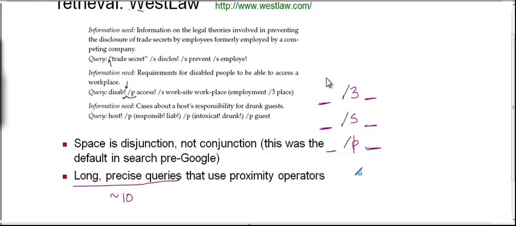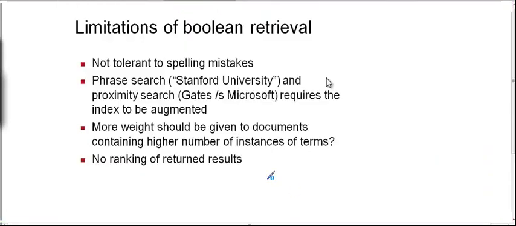What Westlaw provides you is actually something called the extended Boolean retrieval model, where you also have these additional proximity, phrase, and wildcard operators. We're going to see how to handle these extensions maybe in the next lecture or the lecture after that. So this is something we need to learn.